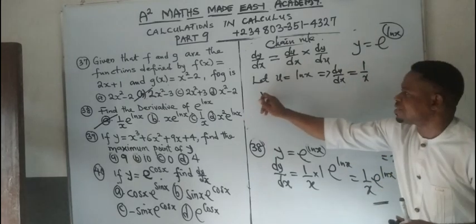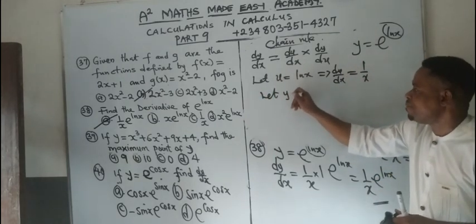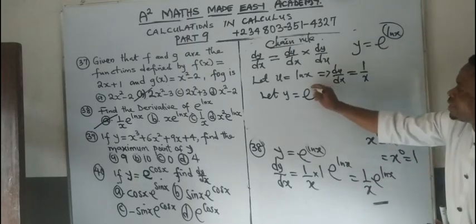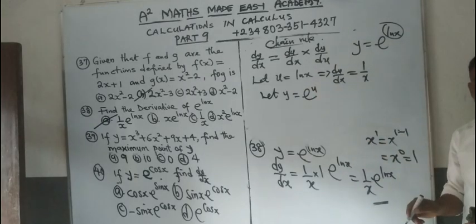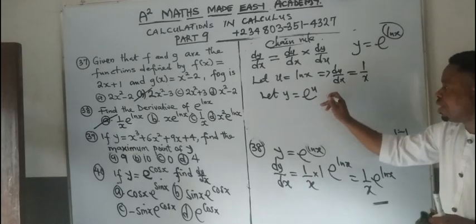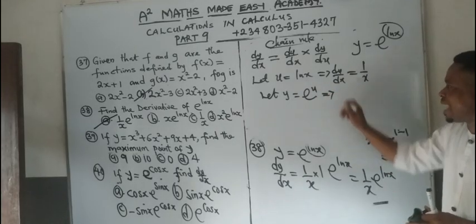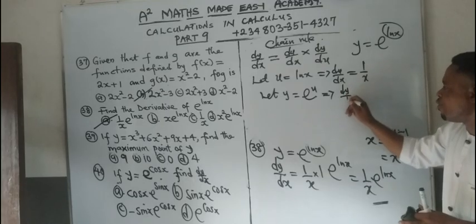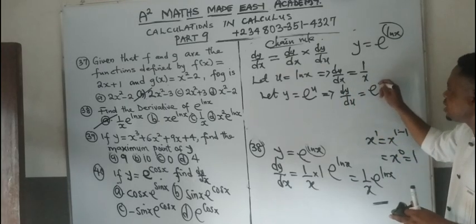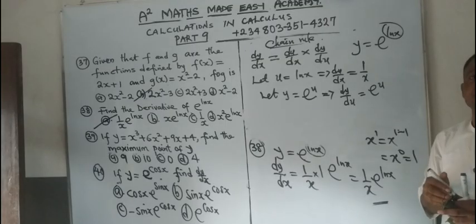My next target is to say, let y be exponential. Let y be exponential, and what is the power? u. Are you with me now? Then I want to differentiate y with respect to u. I will now say this implies that dy over du is now equal to exponential, exponential u.